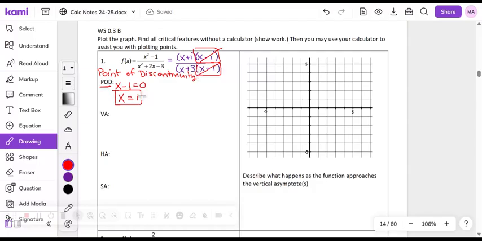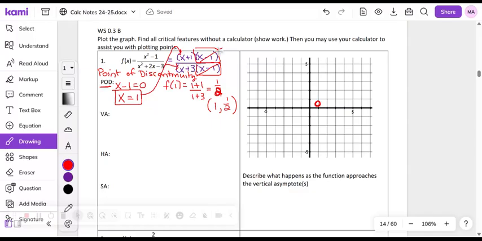And now we take the 1 and we substitute it into whatever's left for our polynomial function. So we're essentially doing f of 1, 1 plus 1 over 1 plus 3, 2 over 4 is 1/2. So we will have a point of discontinuity at (1, 1/2). And I'm going to go drop that on my graph right now so I don't forget about it.